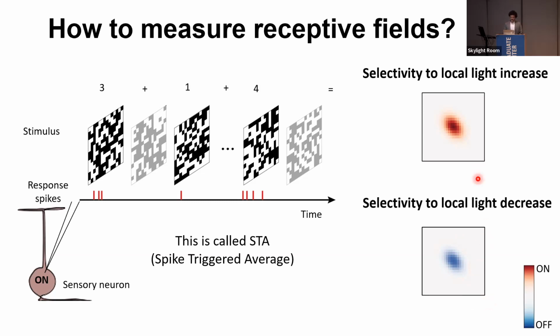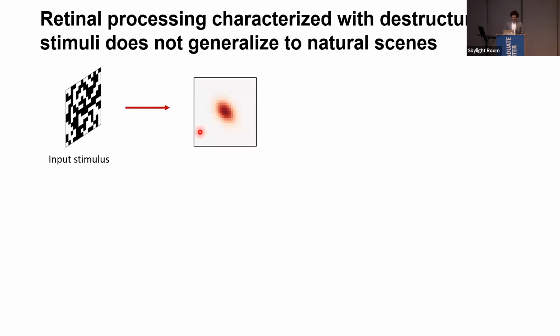And once we have this H, we can test the accuracy of this linear approximation by using this filter H as a model. We take an input stimulus, project it on the filter H, and then add a nonlinearity, a positive threshold that prevents this model from predicting a negative number of spikes, because this is against biological constraints.